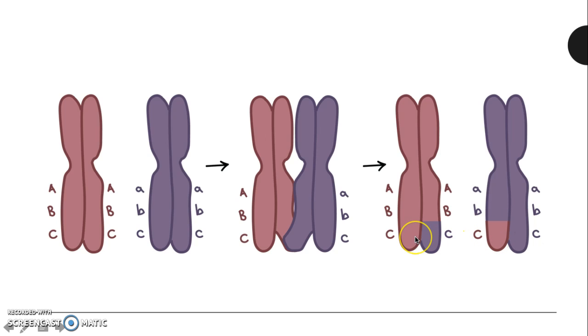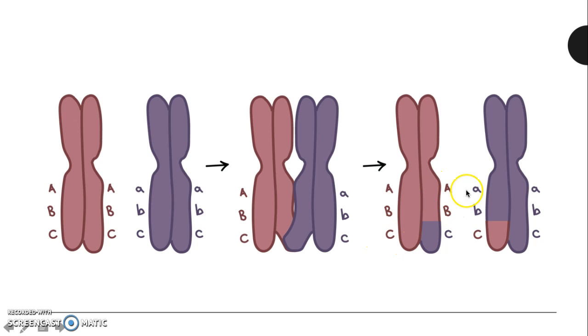This is going to give us slightly different combinations as well, because these letters represent different genes on the chromosome. So on one side, we have whatever the capital A is. If it's brown fur, capital B could be maybe blue eyes for this individual, and maybe capital C is curly fur.